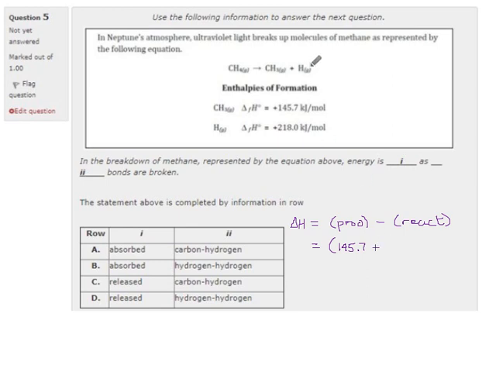The other product is a single hydrogen atom, and they say those have a heat of formation of 218.0. Minus. And our reactant is methane, which they didn't give us, but it's in our data book.